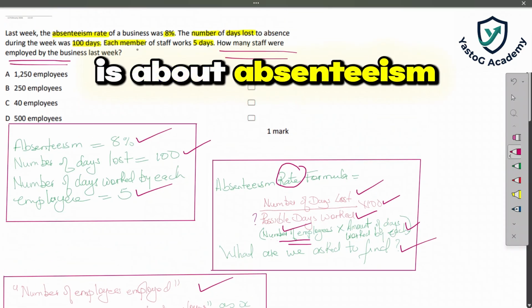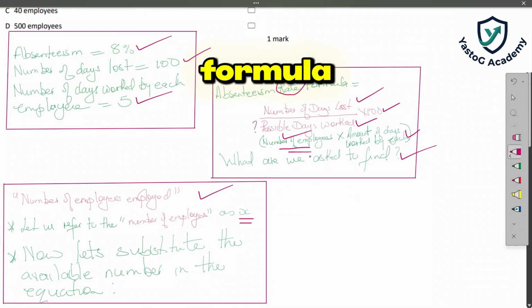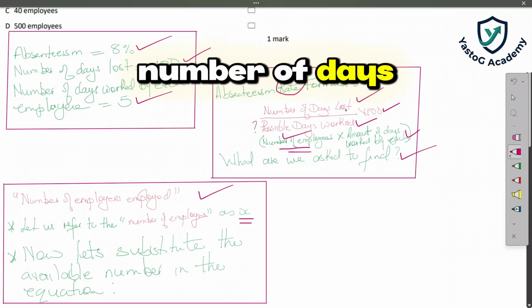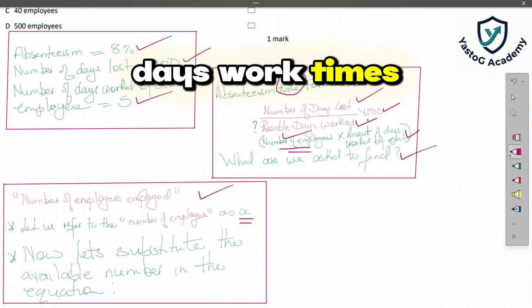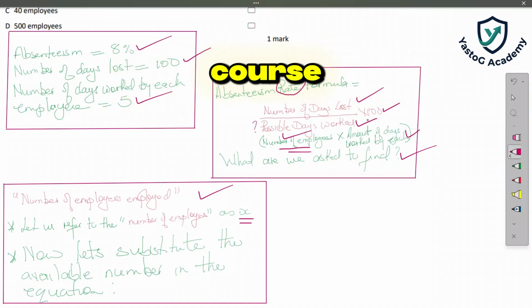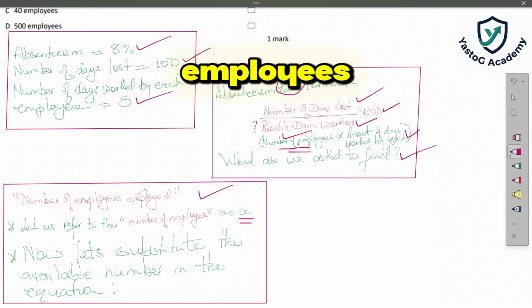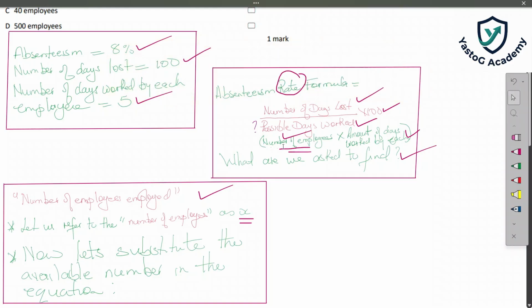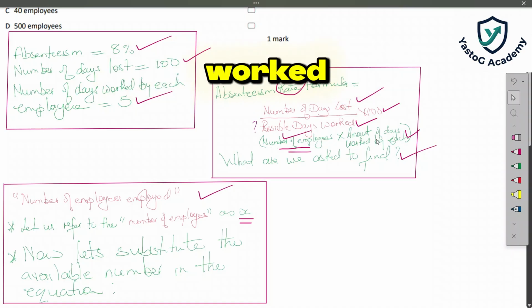Because the question is about absenteeism, we write down the absenteeism rate formula, which is the number of days lost divided by possible days worked times 100. And of course, the possible days worked can only be calculated by the number of employees times the amount of days each of those employees worked.